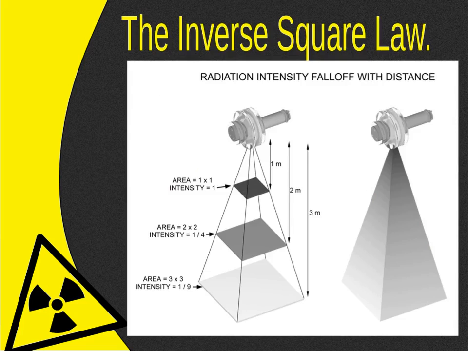The most important law to know is the inverse square law, and this law is that if you increase the distance from an X-ray source to 2, the intensity of the radiation will reduce to a quarter. And if we increase it to 3, then the intensity will be reduced to 1 over 9.